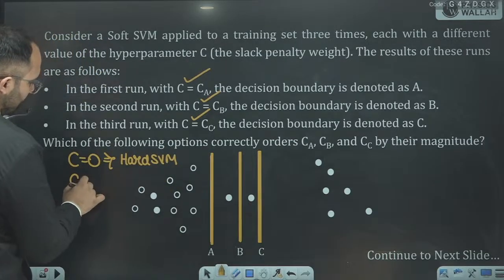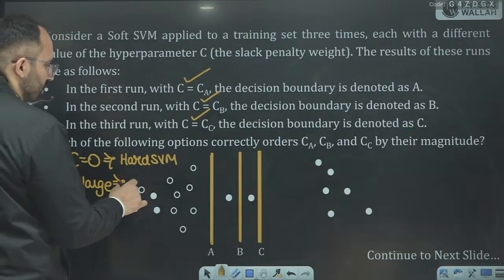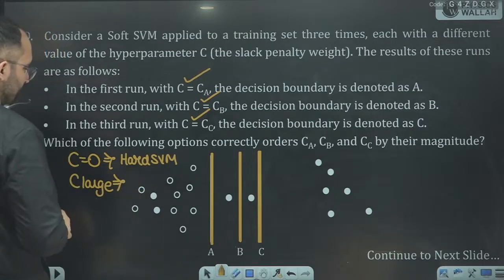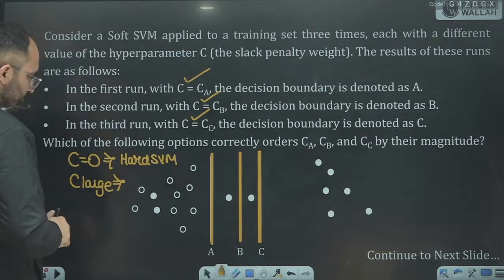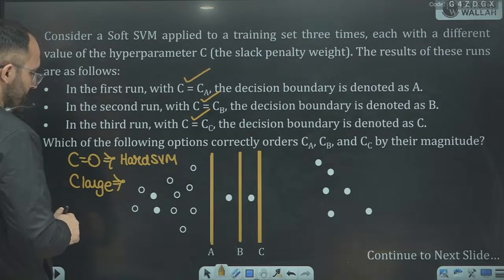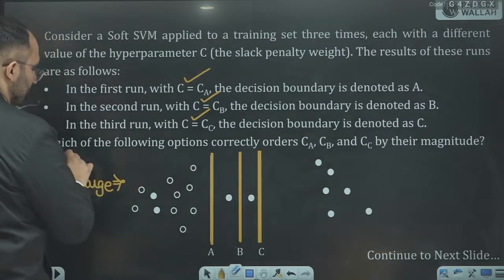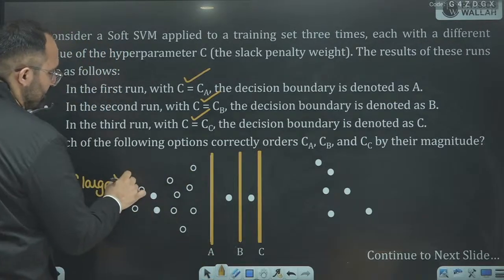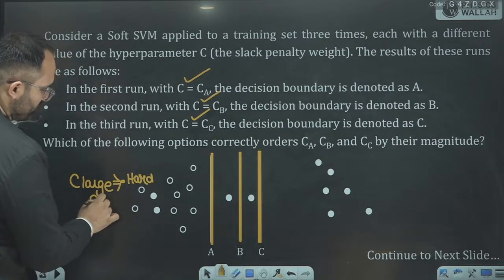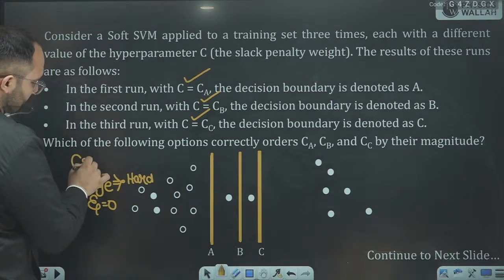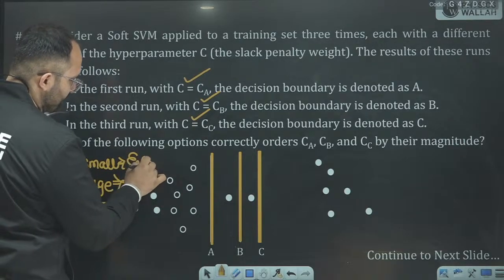Okay, if C is large, then it becomes a hard margin SVM, because then we want the epsilons to be 0. If C is small, then epsilons can be large.